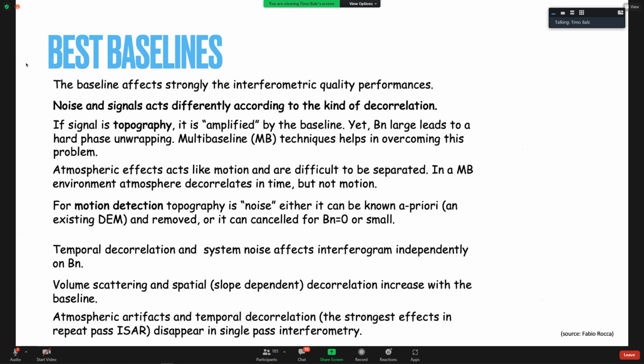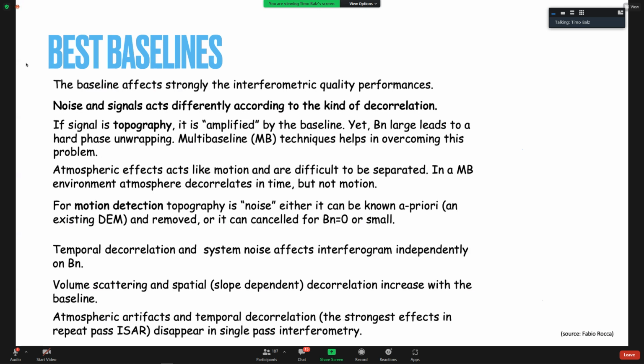The larger the wavelength, the longer the baselines you can accept. If you have something like an X-band system, typically baselines in the ballpark of 200 meters, 300 meters are totally fine.